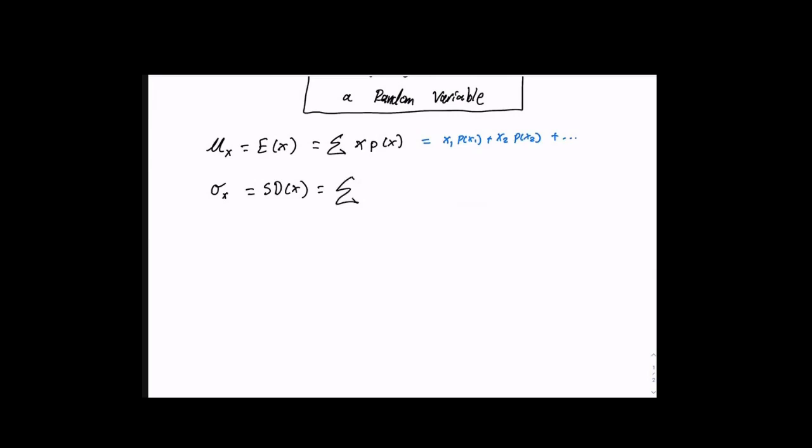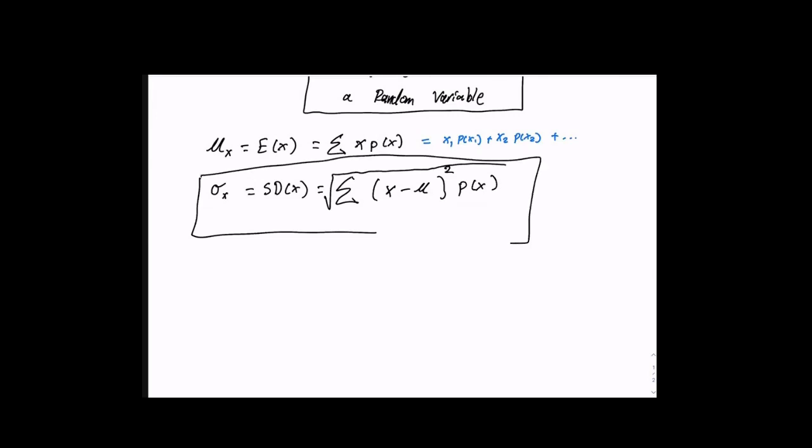It's the summation of x minus the mean, x minus mu, times p of x. Oh, and I forgot the square root. The square root of all that.